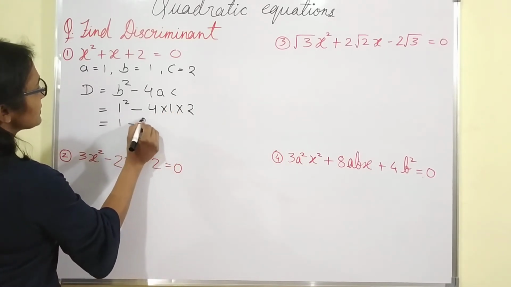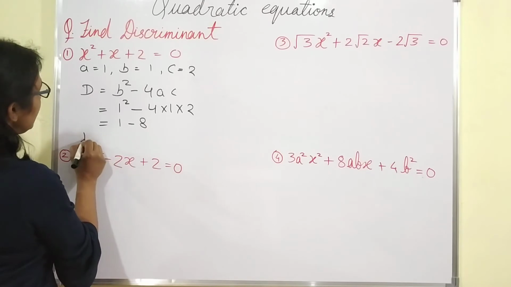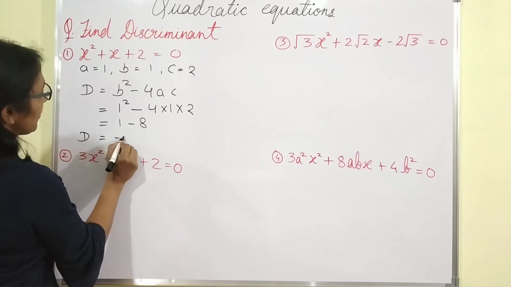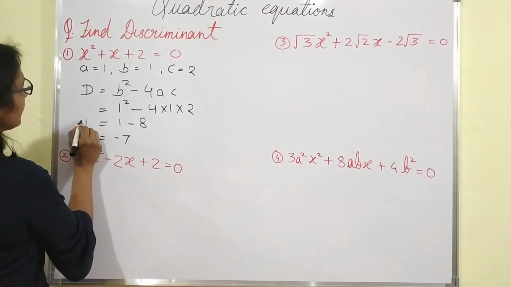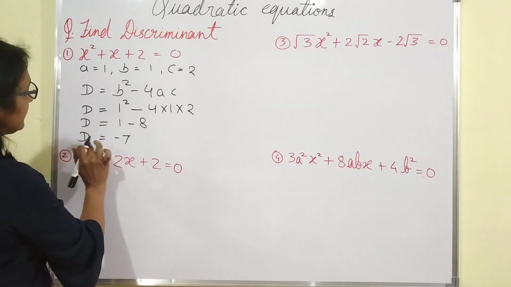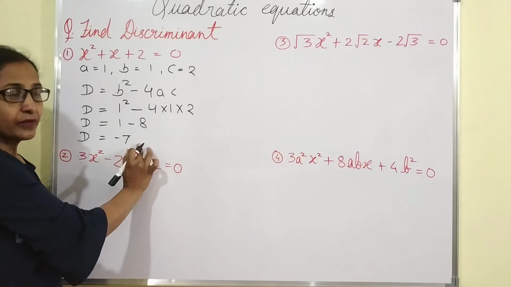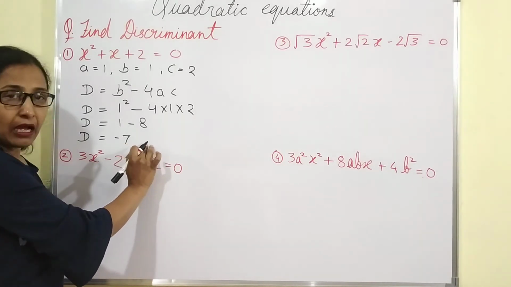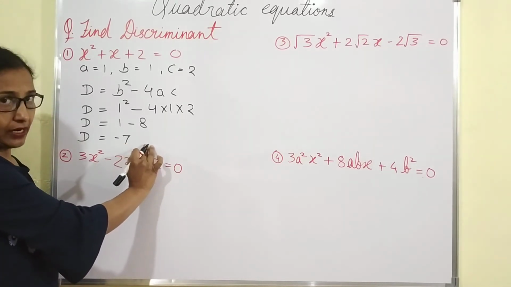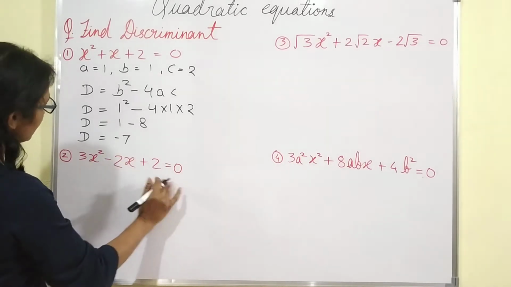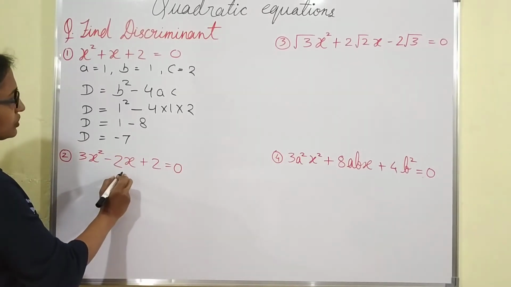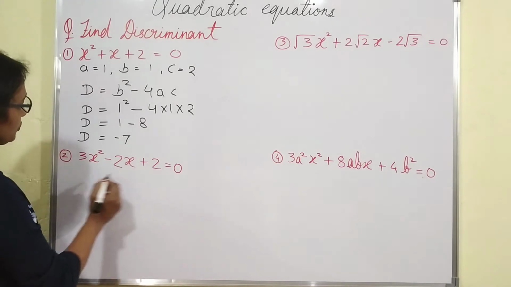So, 1 minus 8. So, d equals minus 7. See, the value of d is minus 7. It means roots are not real.